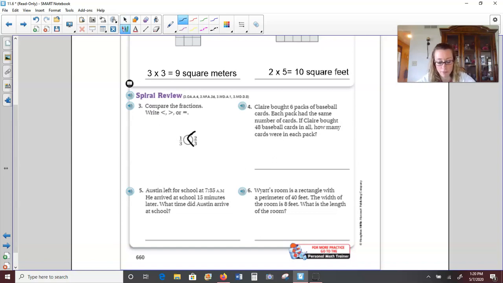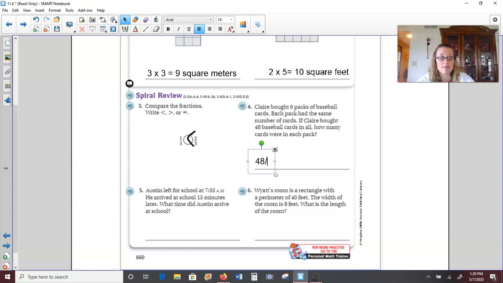Okay, number 4. Claire bought 6 packs of baseball cards. Each pack had the same number of cards. If Claire bought 48 baseball cards in all, how many cards were in each pack? Well, we know she has 48 cards in all, and those cards came in 6 packs.